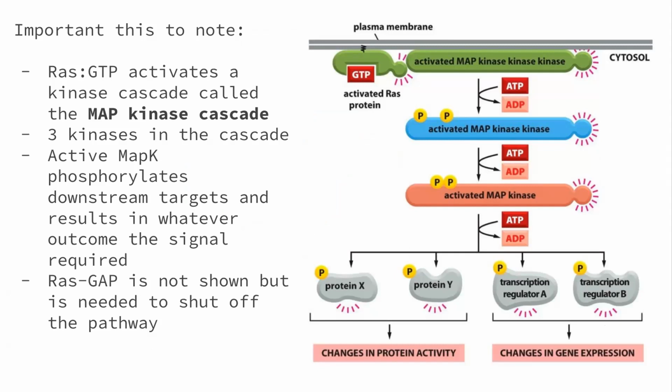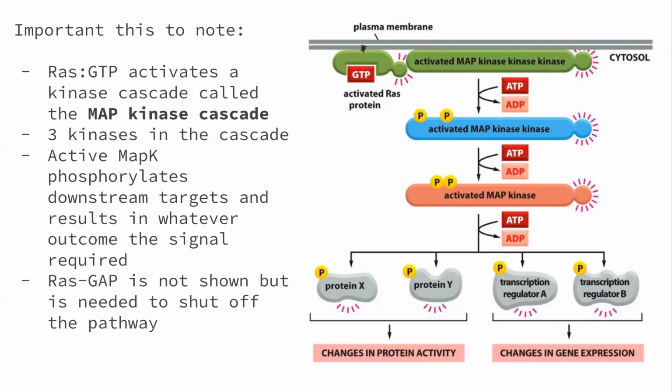The first kinase that gets activated is MAP kinase kinase kinase, and then when it's activated, it activates MAP kinase kinase, which then activates MAP kinase. And then this last MAP kinase goes and phosphorylates downstream targets to then result in whatever the signal required.